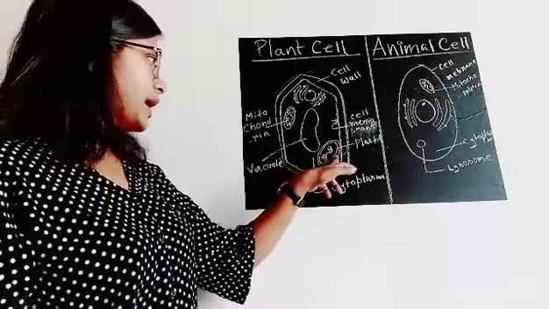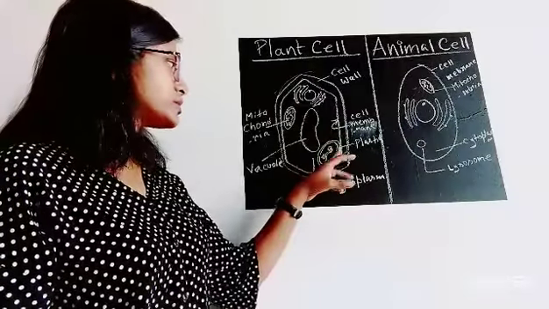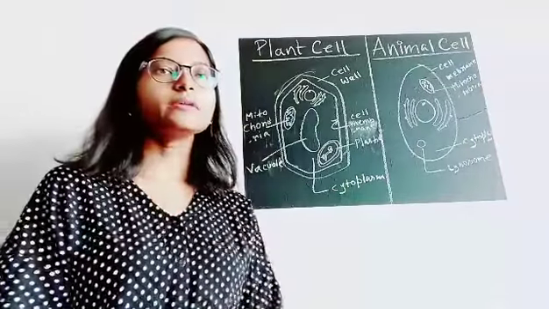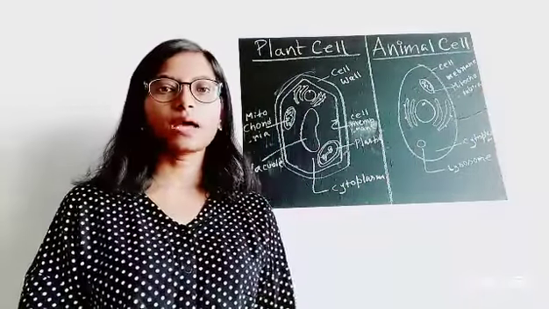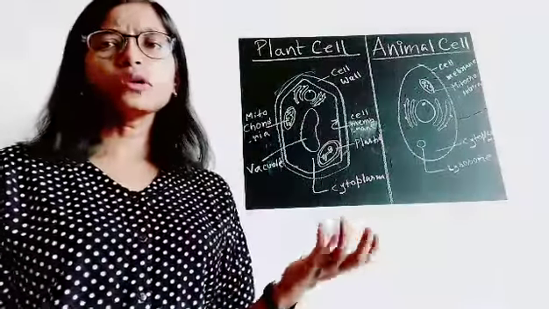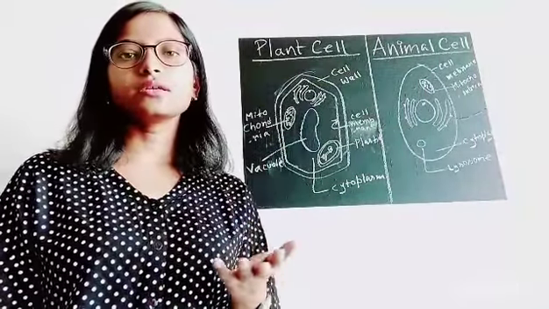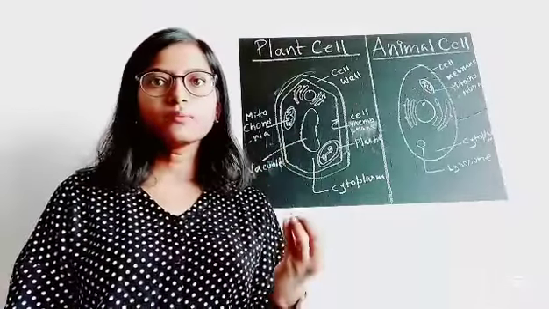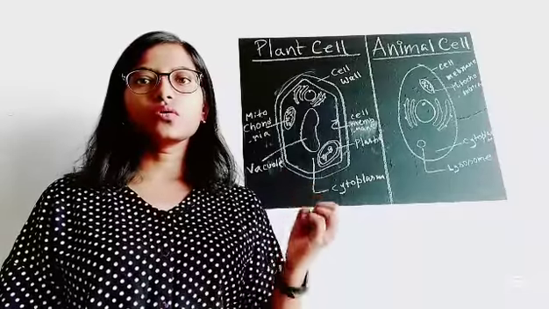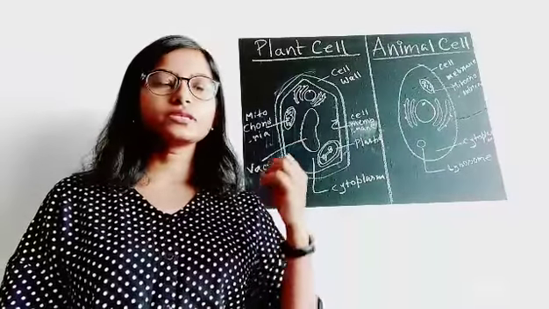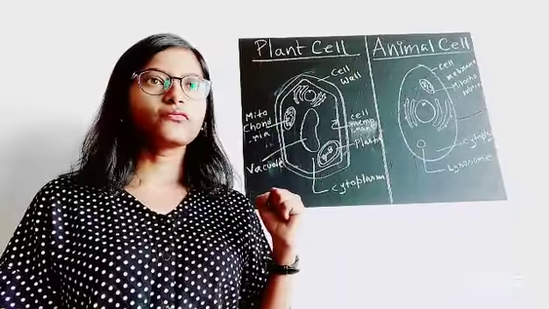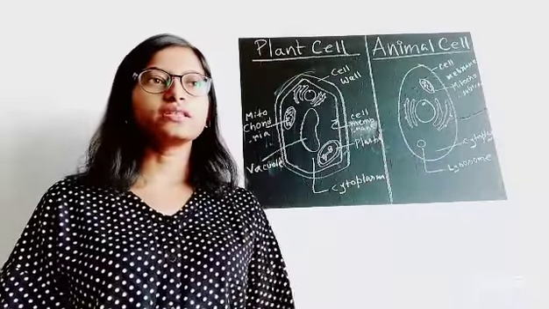So the plant cell has a very important organelle for its functioning, the plastid, but animal cells don't have any plastid in their cells. So what is a plastid? Plastid is an organelle which has pigments, green pigments, chlorophyll, we already know. So they have chlorophyll which is very important for the production of food, that is known as photosynthesis.